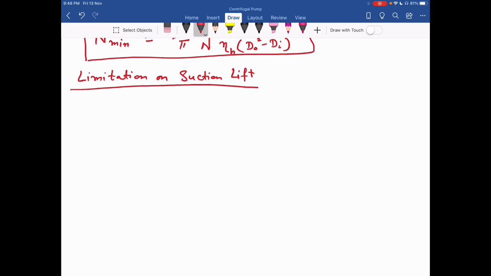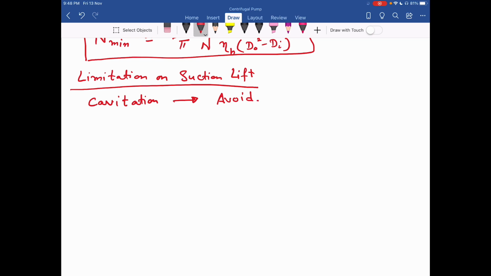When they collapse at a certain location, a high pressure wave is created, so that strikes on the surface of the vanes or the casing. That produces pits or cavities on the vanes. So this whole process is called cavitation.